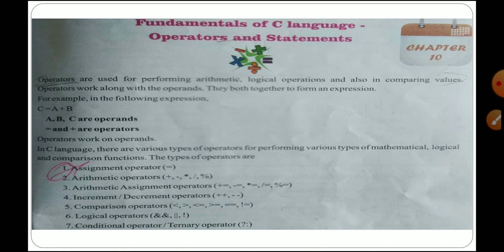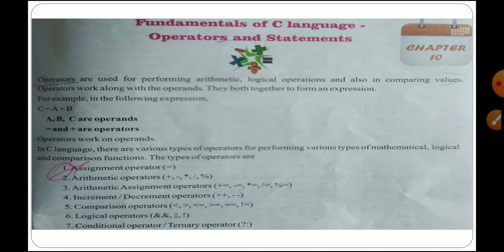Fourth, increment or decrement operators, the symbols plus plus and minus minus. Fifth, comparison operators, otherwise called relational operators: less than, greater than, less than equal to, greater than equal to, not equal to. Sixth, logical operators.